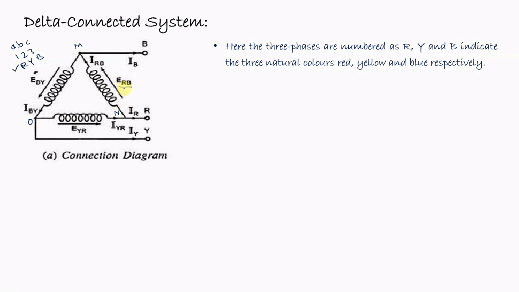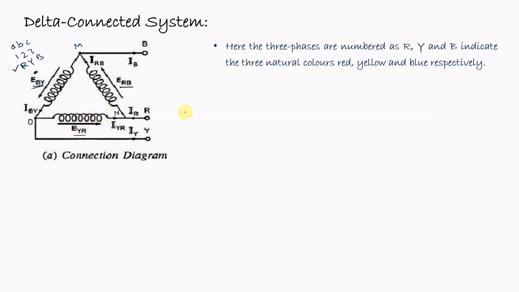And as per the definition of the phase value, ERB is the EMF that is induced in the coil M and N, so it is considered as the phase voltage. Similarly, the EMF induced in the coil M and O is EBY, and again this is the phase voltage. And similarly in the coil O and N, EYR is also the phase voltage.